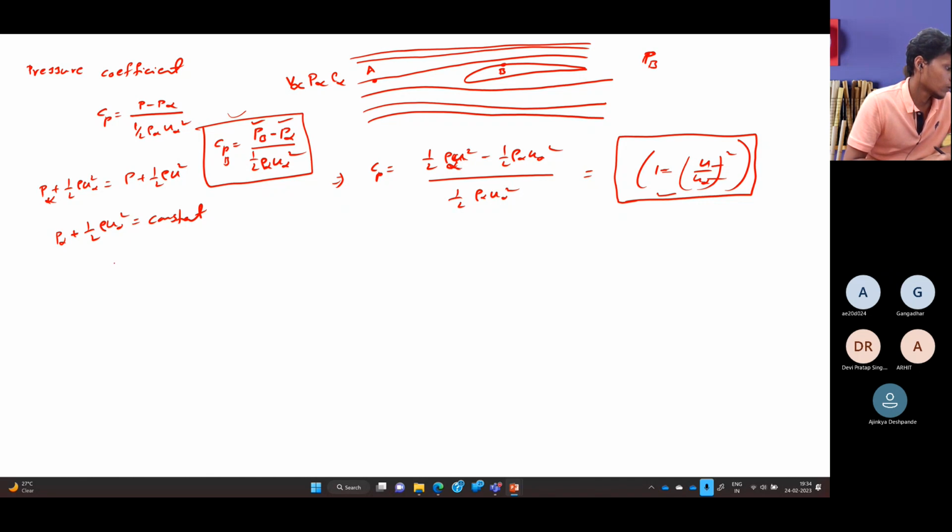One more point: the pressure coefficient equals 1 if you are measuring it at a stagnation point, for a stagnation chamber or stagnation point, in incompressible flow.